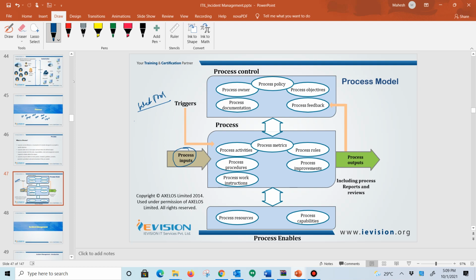The IT service management tool can be ServiceNow, BMC Remedy, or HP, any of the tools. Then a phone call, maybe an incident raised through email, or an event management tool such as Concorde, Opnet, SolarWinds. There can be various event management tools.